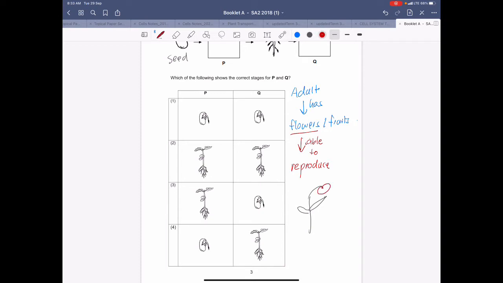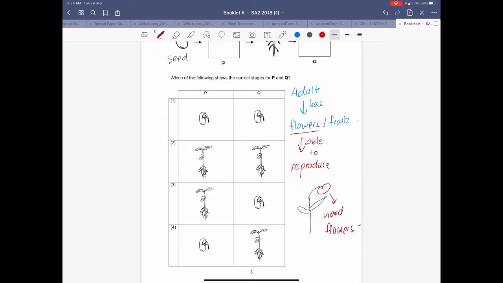And they ask you, do you classify this as a flowering or non-flowering plant? This is actually a flowering plant, because in order to get fruits, you need flowers. You see the relationship now? In order to get fruit, you need flowers. So because of that, this is a flowering plant.